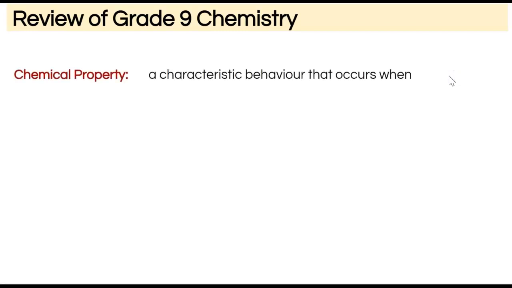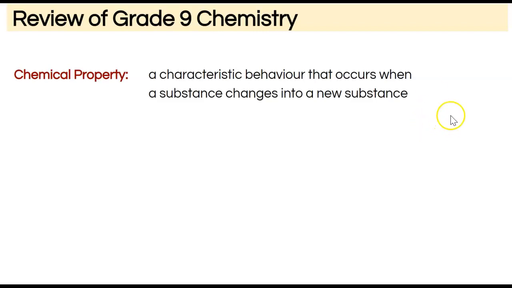So chemical properties are basically what we describe when a particular substance changes into some kind of a new substance. Okay, so a chemical property describes that particular behavior. Students have trouble with understanding chemical property, so I'm going to juxtapose it with something else here in a second.